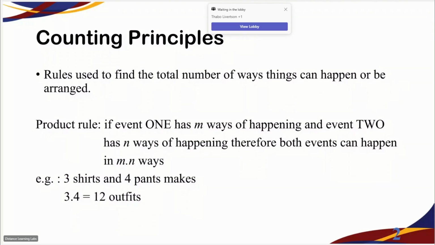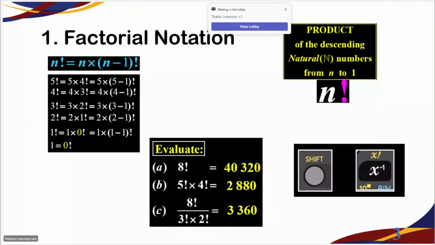And then from our product rule, we have our factorial notation. Factorial is referred to as the product of the descending natural numbers from n to 1. For example, 5 factorial refers to 5 multiplied by 4 multiplied by 3 multiplied by 2 multiplied by 1.